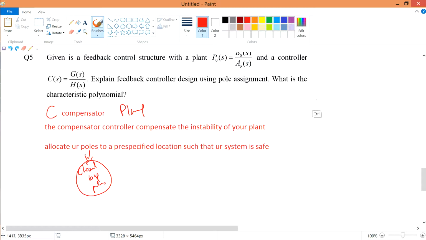For the plant closed loop system, the poles may be over here, and it's considered unsafe, unstable, because it's in the right half plane. So the compensator controller, if you multiply it with your plant, moves these two poles to the other side, maybe somewhere over here. So you allocate your poles to a specific location such that your system is safe.